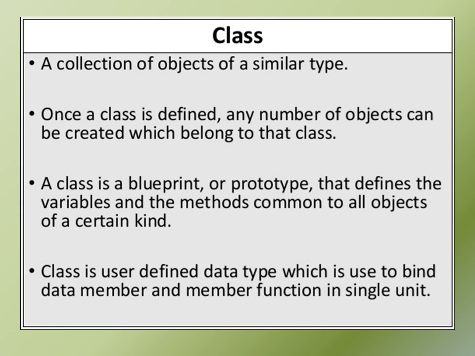So whatever variables and methods you create should be common for the objects created from that class. Class is a user defined data type, which is used to bind the data members and member functions in a single unit. So whatever the data members and member functions are, they should be under one name, that is the class.